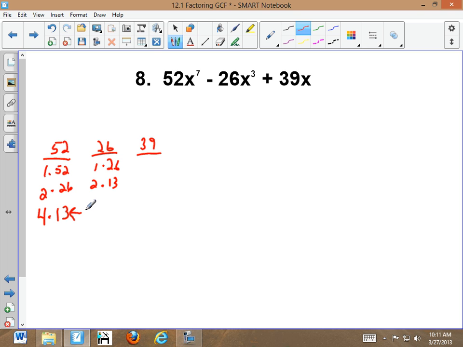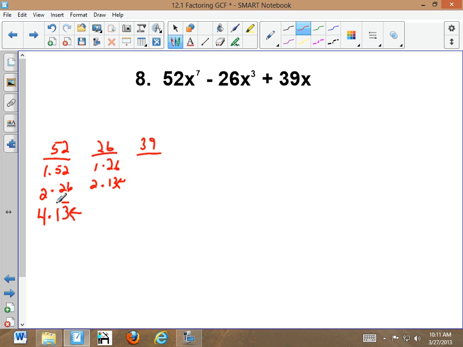What about 4? 26 divided by 4 equals, nope. I know 5 can't. I know 6 can't. I know 7 can't. I know 8 can't. I know 9 can't. I know 10 cannot. I know 11 won't. Let's try 12. Nope. 13. Will 13 work? Yes, it will, because right here is 13, so I'm done.